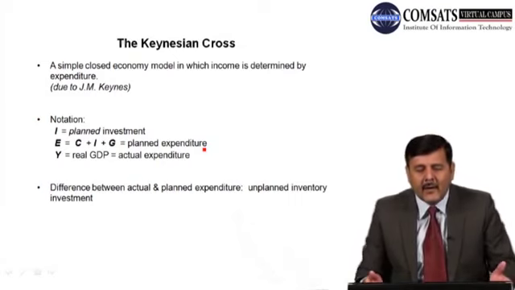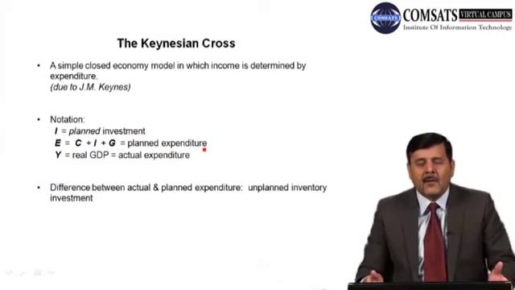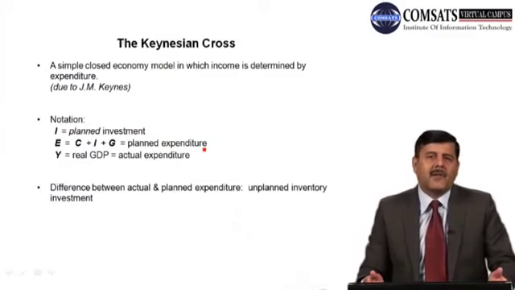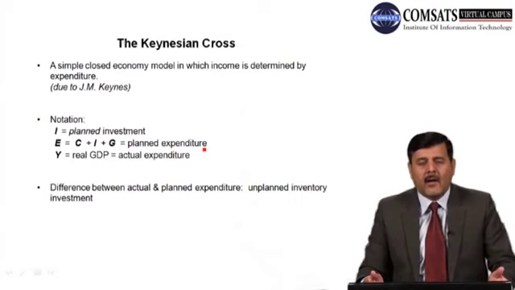So here we assume that it is a simple closed economy model in which income is determined by expenditure. It is a closed economy, there is no foreign trade, no international trade, and income is determined by the expenditure level in the economy.